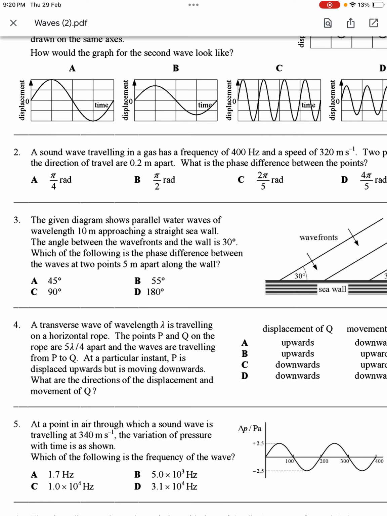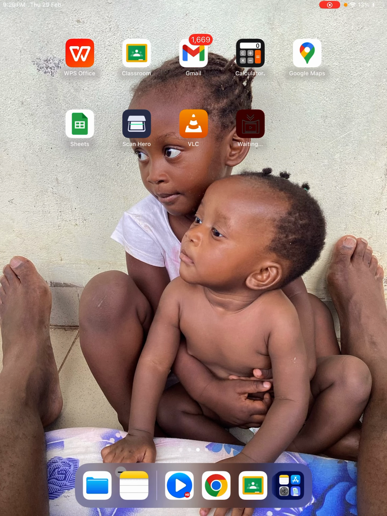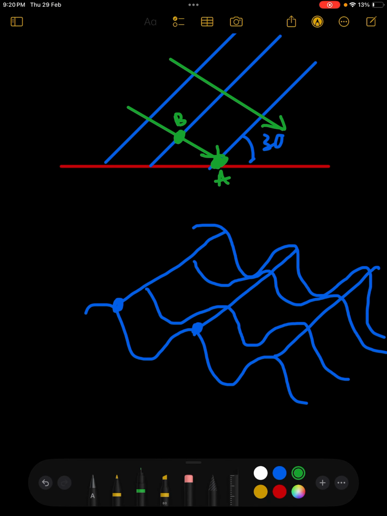So let's suppose that we have those 2 points 5 centimeters apart along the wall. So let's consider this point here to be 5 centimeters apart from this point.